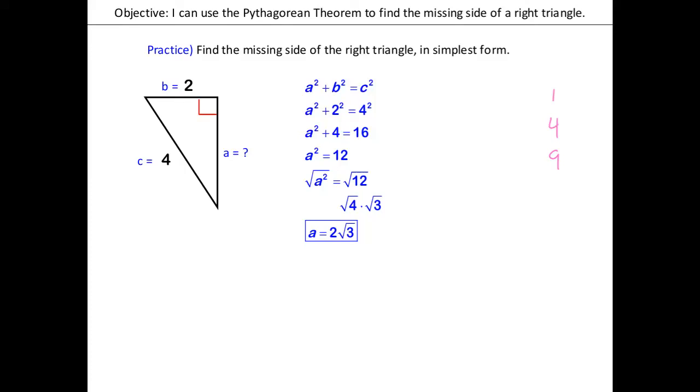But you want to look for the ones smaller than 12. Out of those 3, which one goes into 12? It would be 4, right? So you split into square root of 4 times square root of 3. And then the square root of 4 is 2, so the square root goes away. And then you leave the square root of 3 because there's no perfect square that goes into 3.